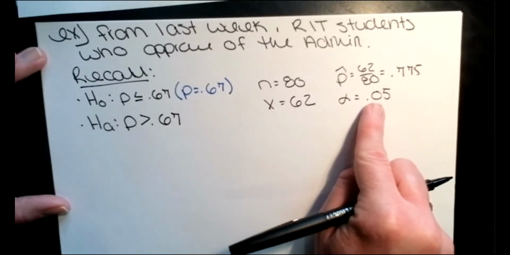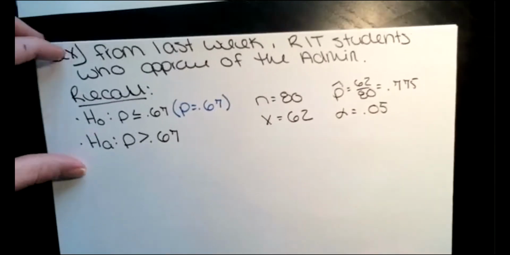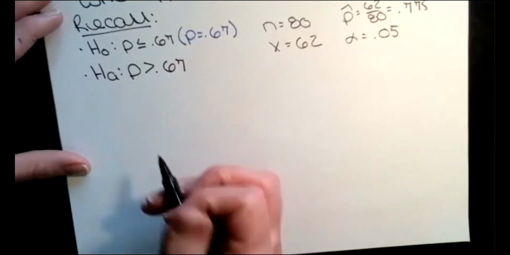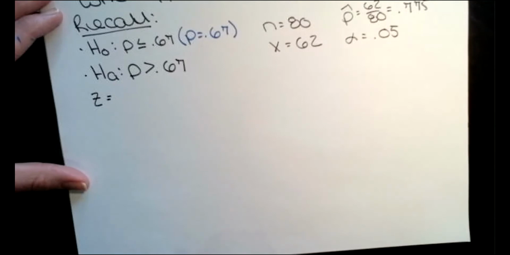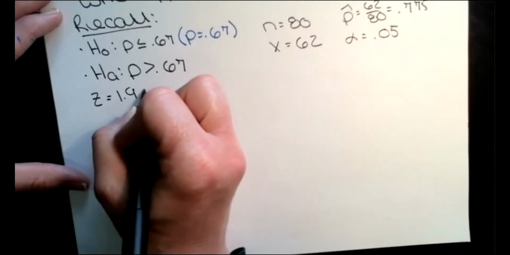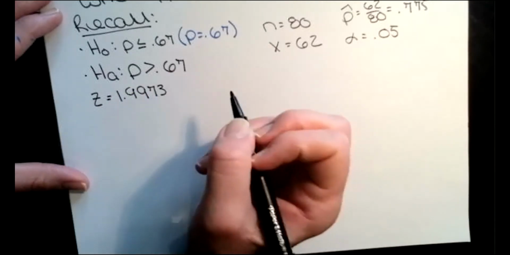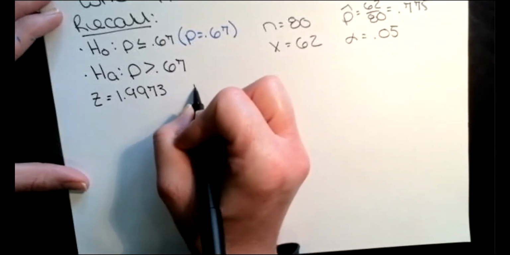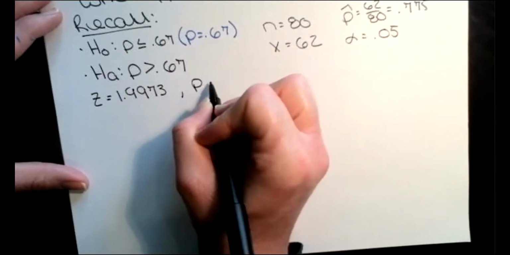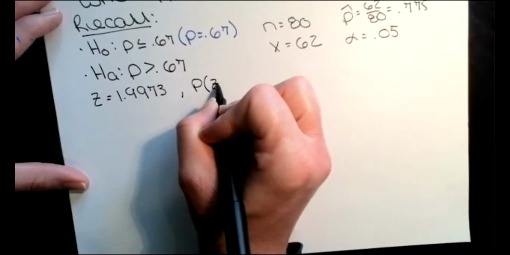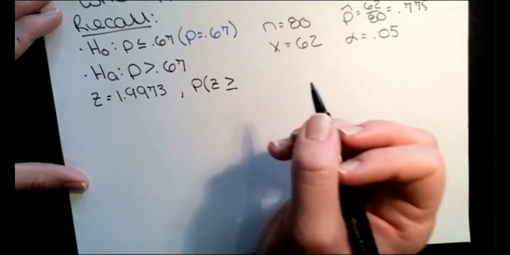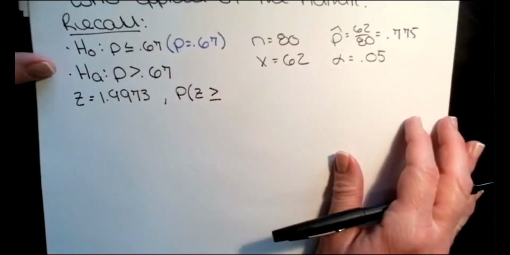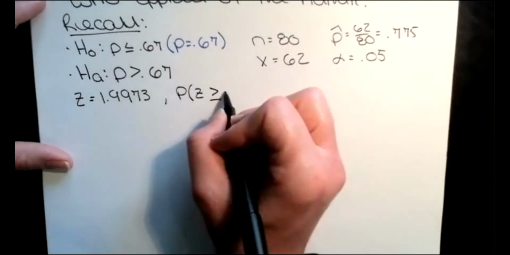We don't use this until now. Okay. So we calculated our z-test statistic last class, and we got 1.9973. And we calculated the probability that we would get another z value greater than. You could use greater than or greater than or equal to. In stats, it's not so cut and dry like it is in algebra.